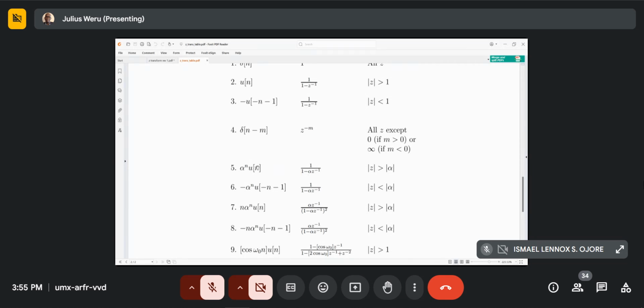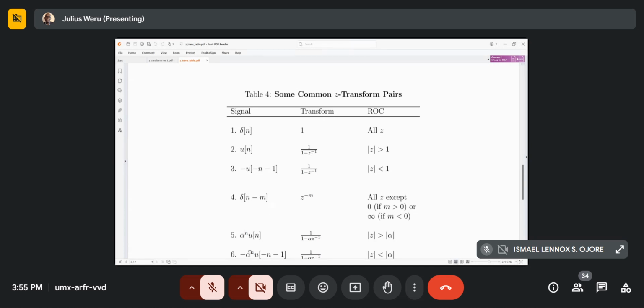a to the n, u of n just means a sequence, and you just have alpha here. So in our case, a is a half.